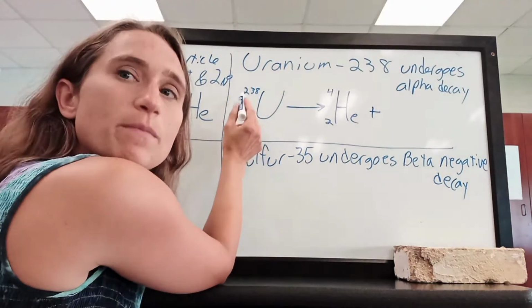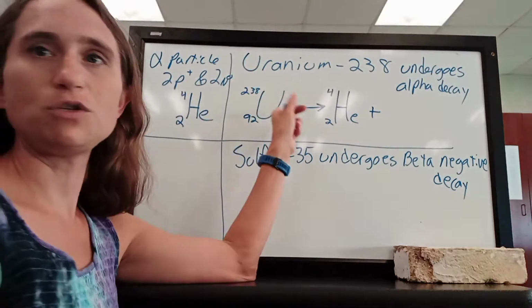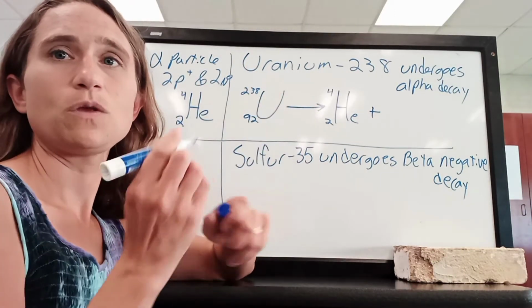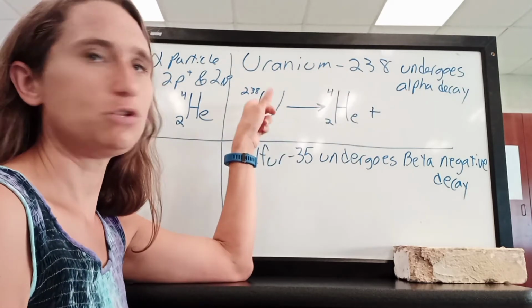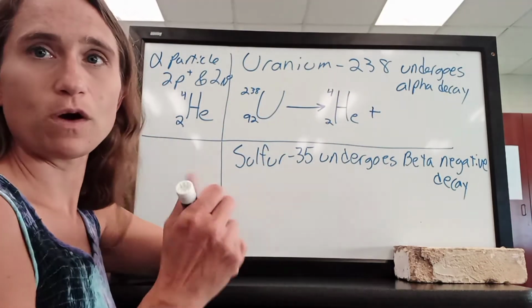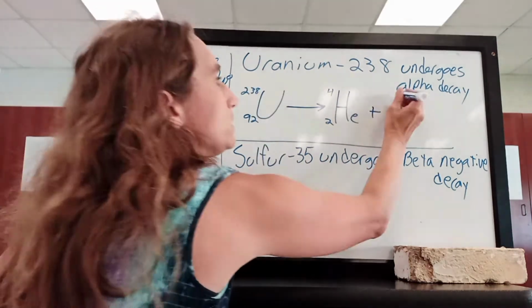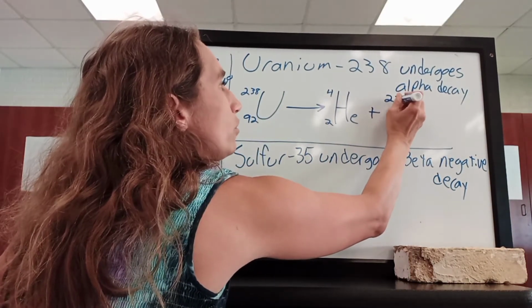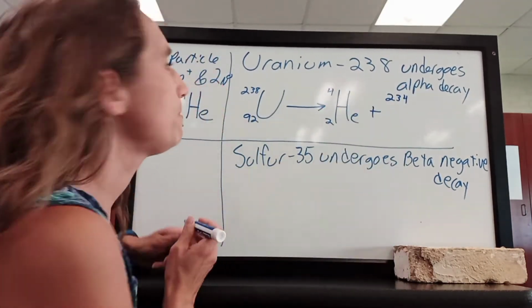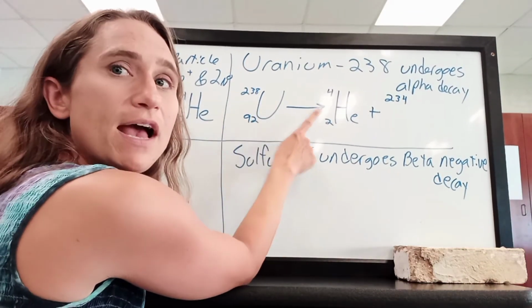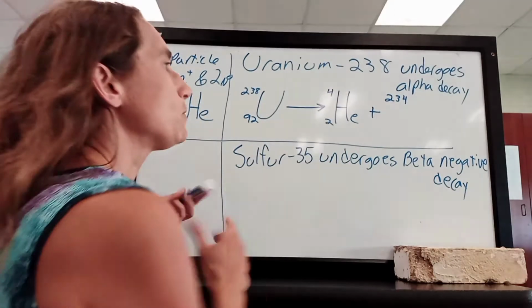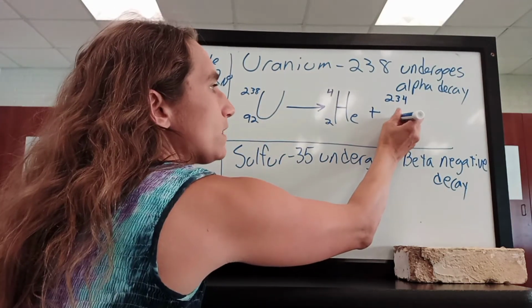Let's look at what that is. I started with the mass number for my uranium of 238, and then I lost 4. So if I start with 238 and I lose 4, I should have 234 mass left over. And the same thing with the 92. I start with 92 and I lose 2 protons, which means that I'm going to have 90 protons left.